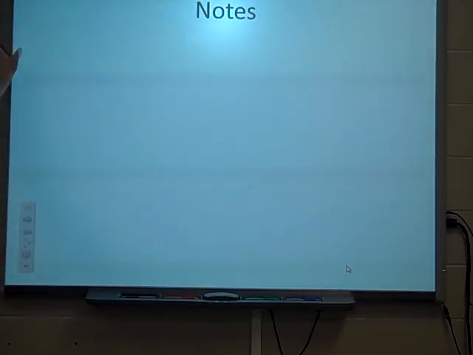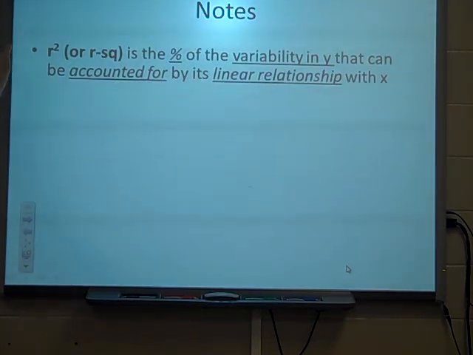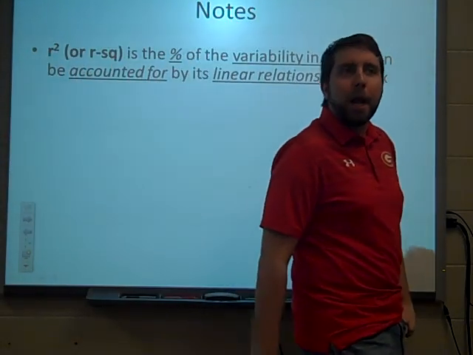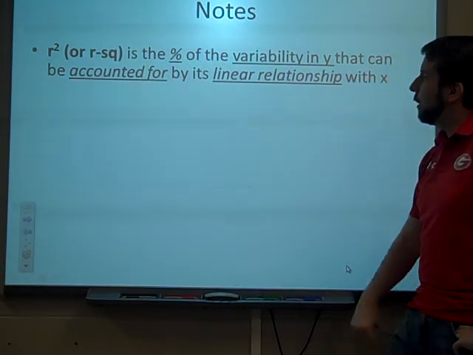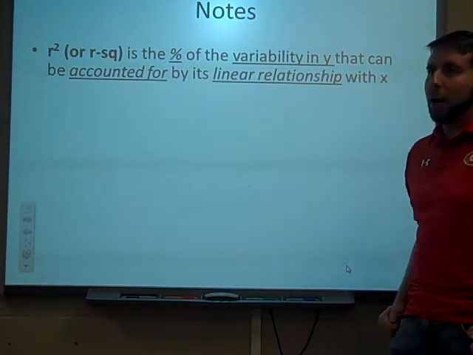That's smart. So again, r squared is the percentage of the variability in y that can be accounted for by its linear relationship with x. So, like our earlier example, 82% of the variability in foot lengths was accounted for by its linear relationship with the height.